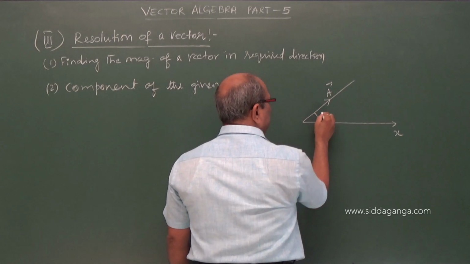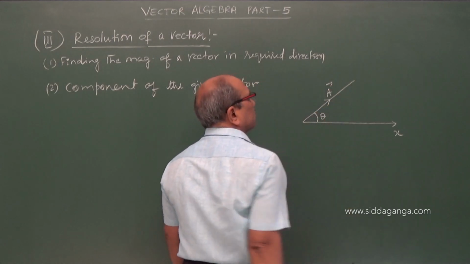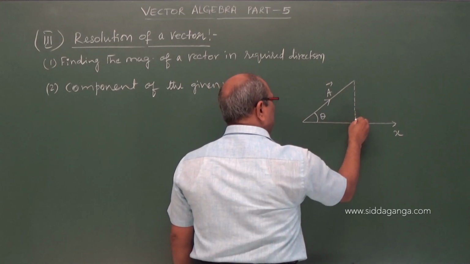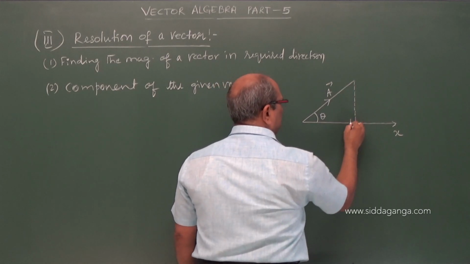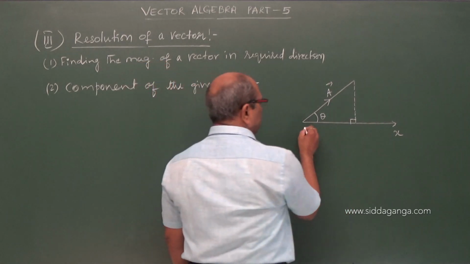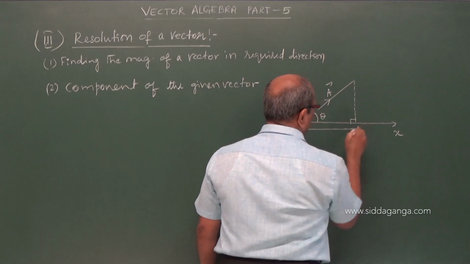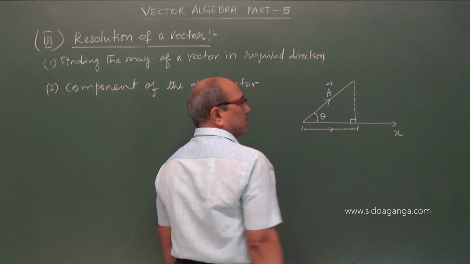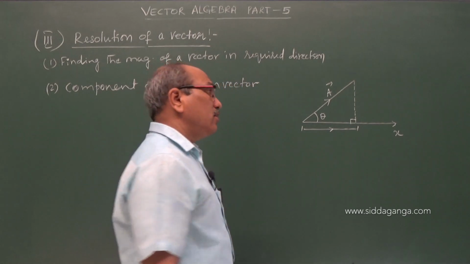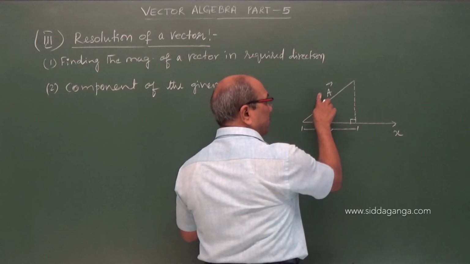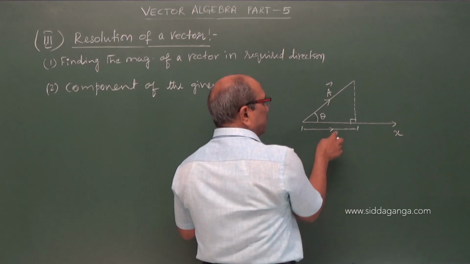I want to know what is the angle between the two first. Then I drop the normal from the tip of the vector to the direction. Now this magnitude gives you the x component of vector A, the component of A along x direction.